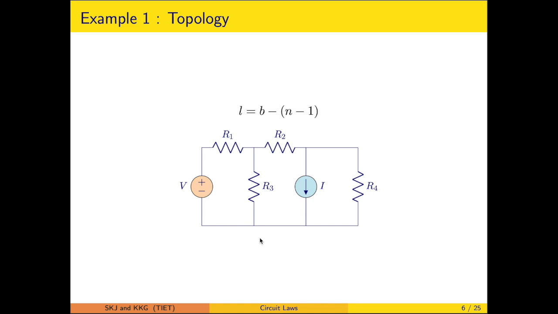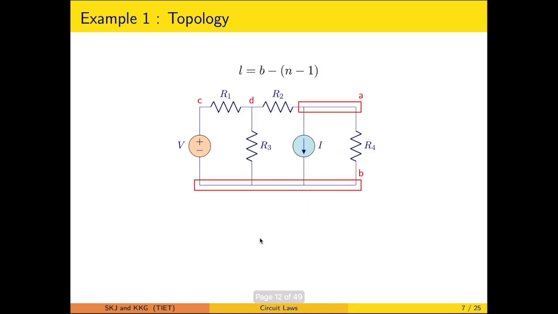You will be identifying the nodes, and I will illustrate that in the coming slides. Here this is a node where 4 elements are connected. This combined point is a node, where more than 2 elements are connected. Here D is a node, where R1, R2, R3 are connected. C is also a node.